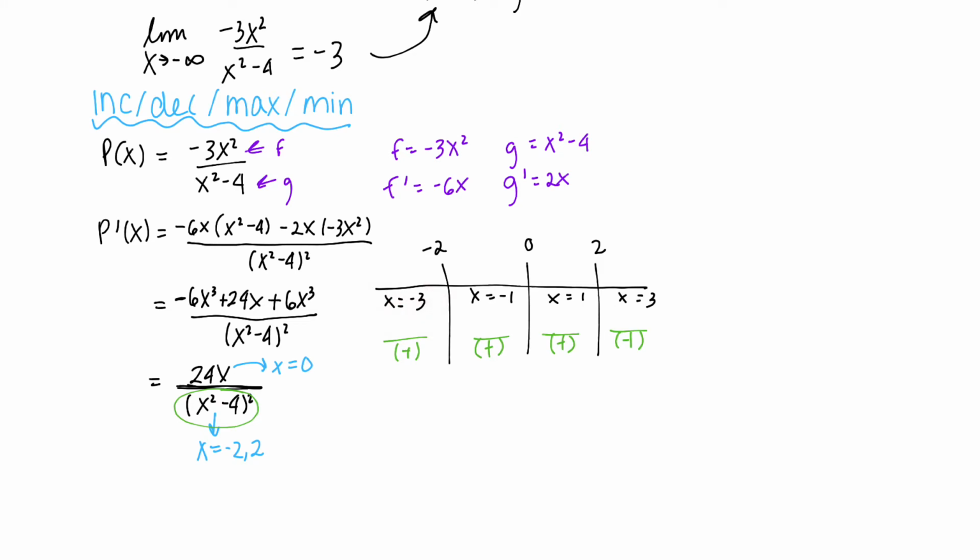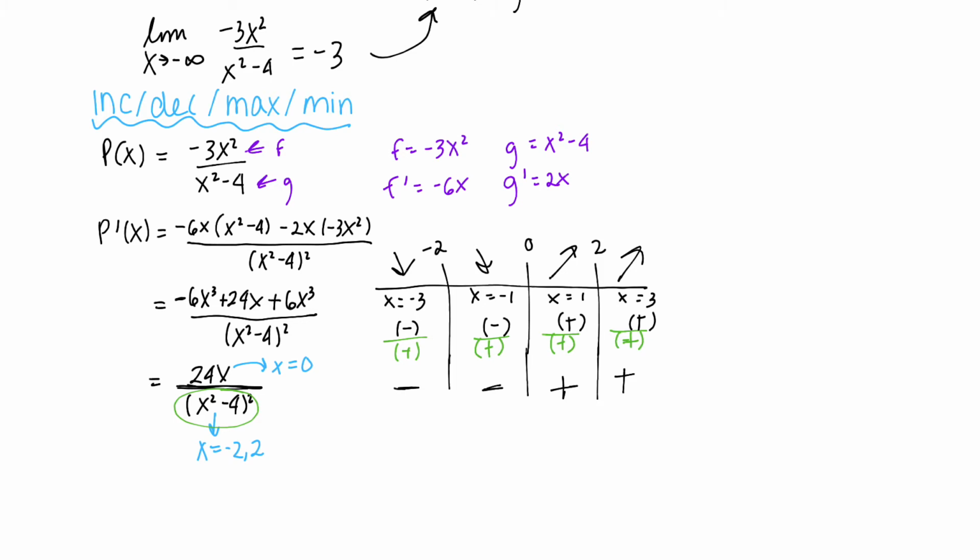So as long as your x value is negative, the numerator is negative. If your x value is positive, your numerator is positive. So this will be negative, negative, positive, positive. So decreasing, decreasing, increasing, increasing.